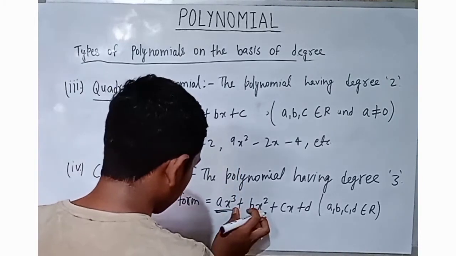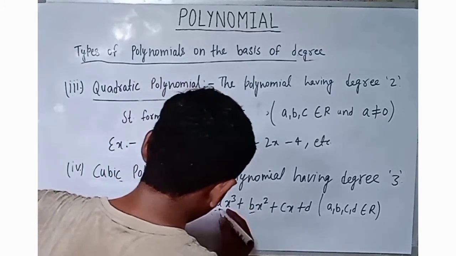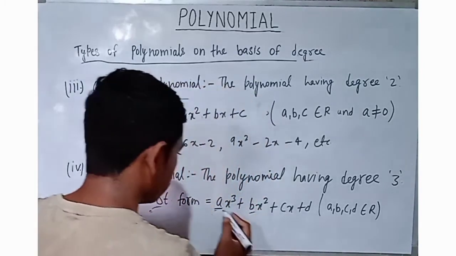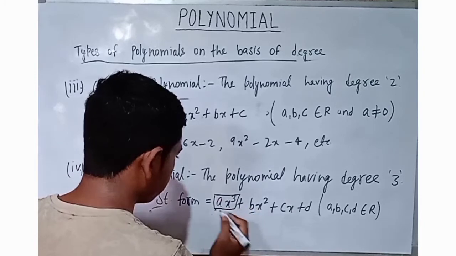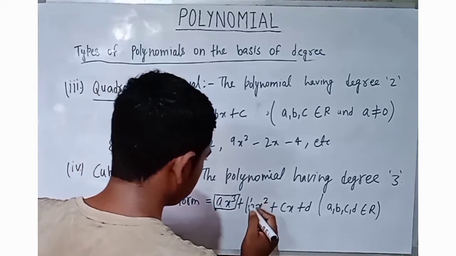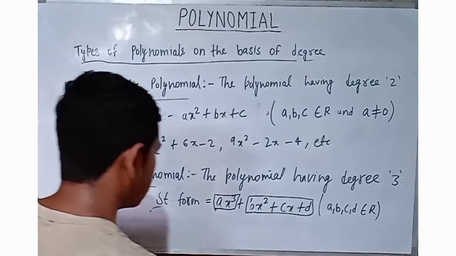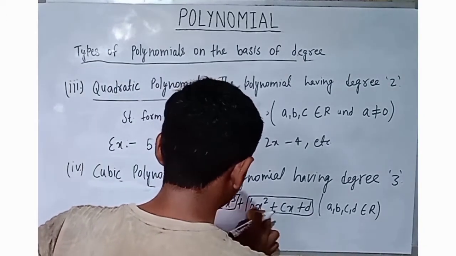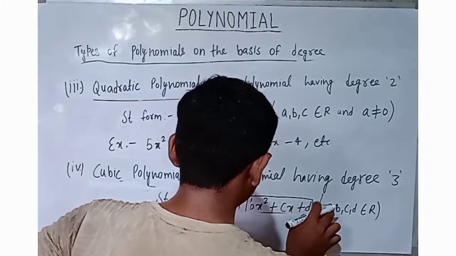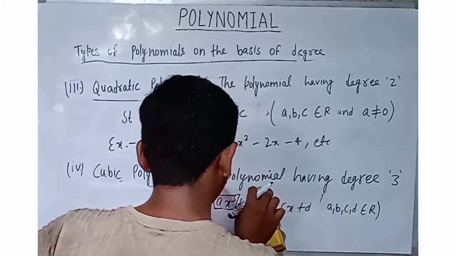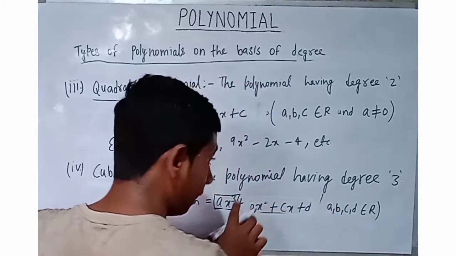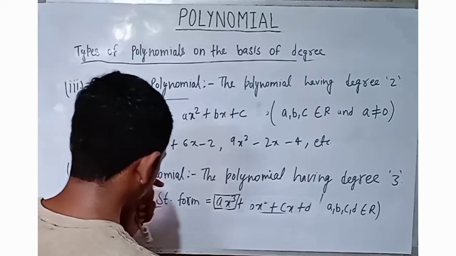Because if a is 0, then this whole term will be 0, and this will come in the quadratic polynomial. That's why I'm saying that a should not be equal to 0 for being a cubic polynomial.